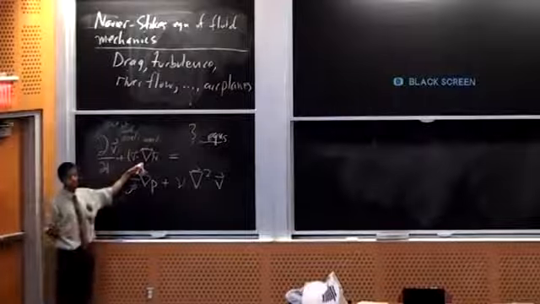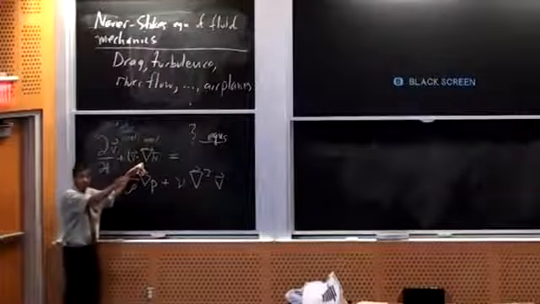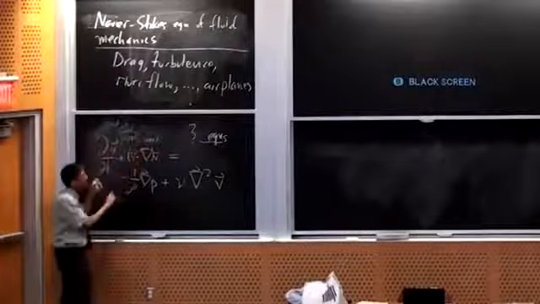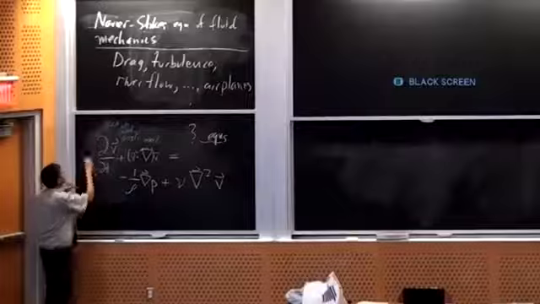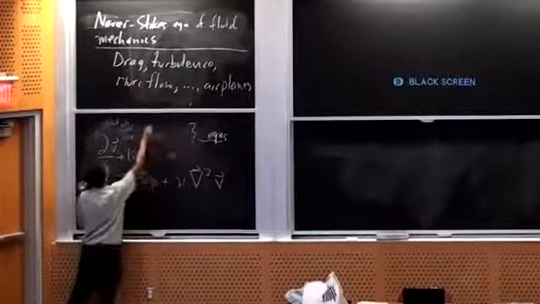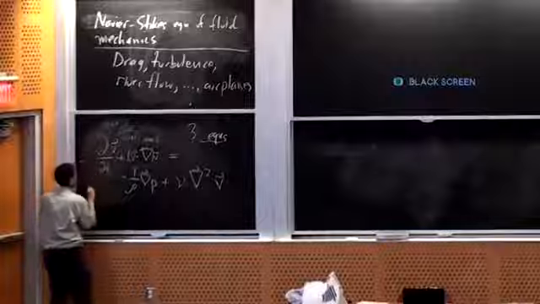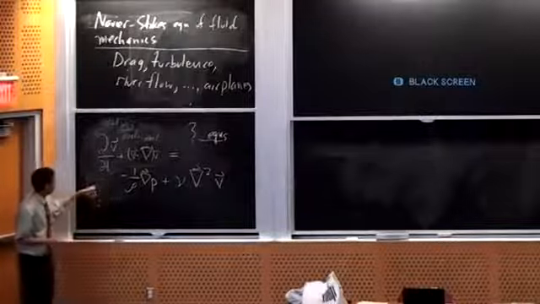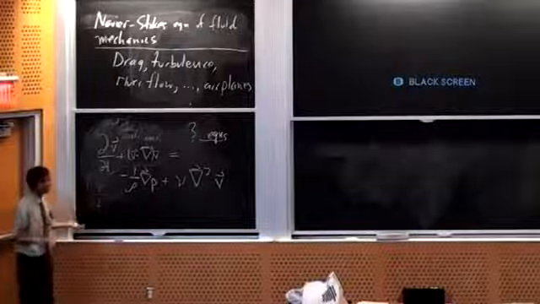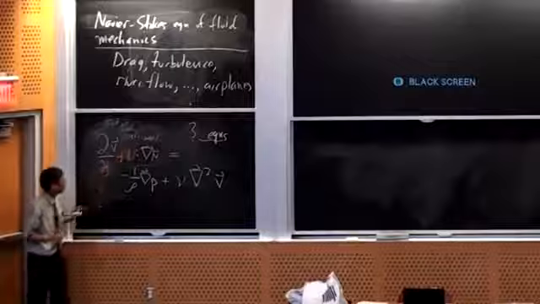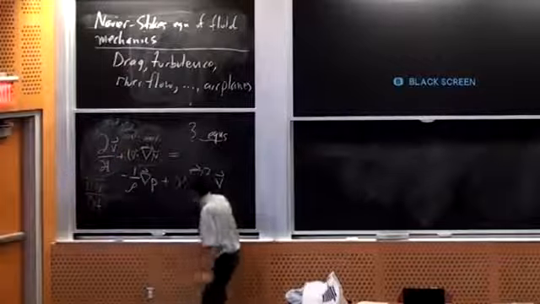This is a change in v because you moved to a new little piece of fluid, a new place where the fluid velocity is different. So these two things together are two different contributions to the change in v. We'll actually call this whole thing big D of v over dt, which is its actual name. So this is an acceleration, and these are the two pieces of it. Okay, what's on the other side?